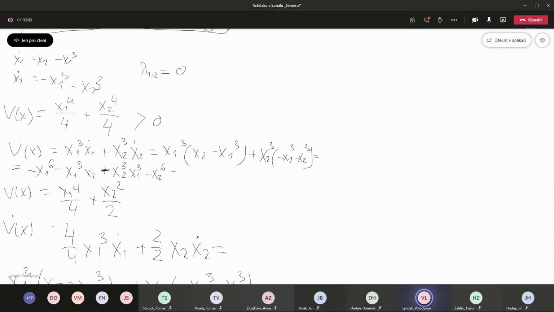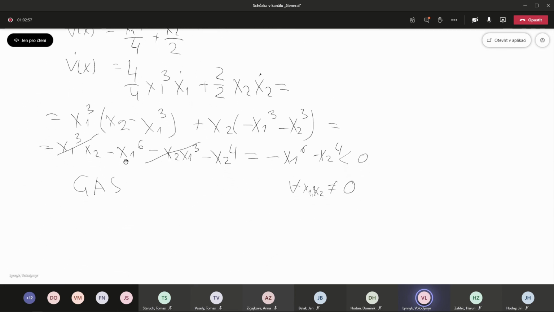First I tried another Lyapunov function, and I found this. But I think we can prove that this is negative definite.